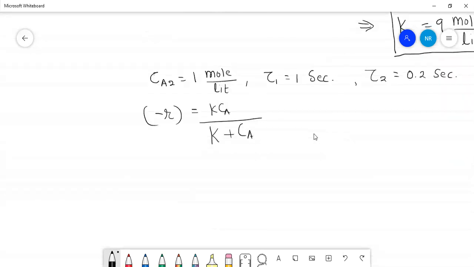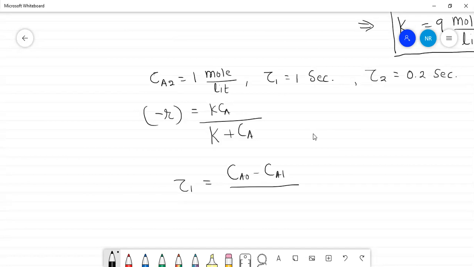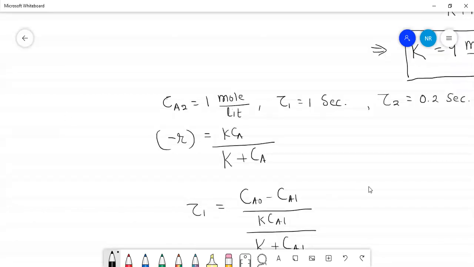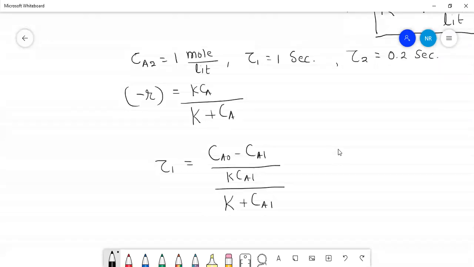So how can we use this one? Tau 1 is equal to Ca0 minus Ca1 divided by R1, which is small k Ca1 divided by capital K plus Ca1. Tau 1 value we have, it's 1 second.